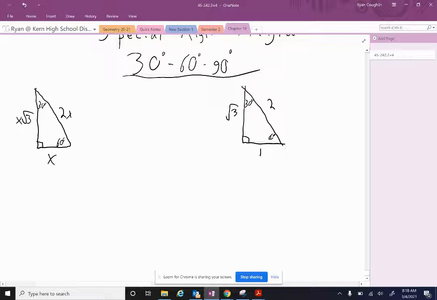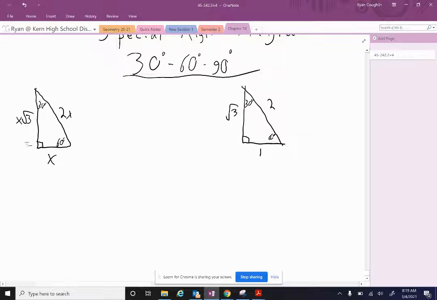The first way of thinking about it, over here on the left, is X being the side across from the 30 degrees. This is the smallest side. No matter what it is, it can be anything, right? It's X. The second biggest side, the longer leg over here, would be X root 3. So whatever this side is, we would multiply it by root 3, which is about 1.7, so it's between 1 and 2.